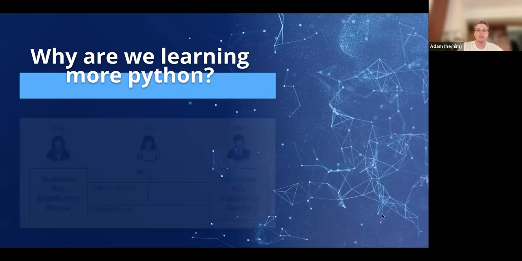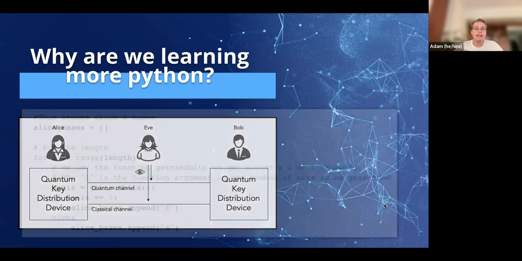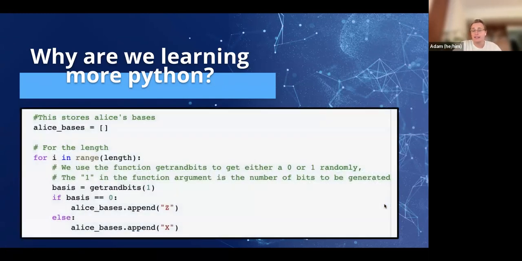So next week, we're going to look at quantum key distribution involving these characters, Alice, Eve, and Bob, which you'll become very familiar with next week if you are not already. But learning about these protocols, while it is exciting, is never quite as exciting as doing it yourself for many people. And so really we want to end up looking at this and coding it ourselves. That's what we will all do together next week. And in order to do that, we'll have to write code like this.